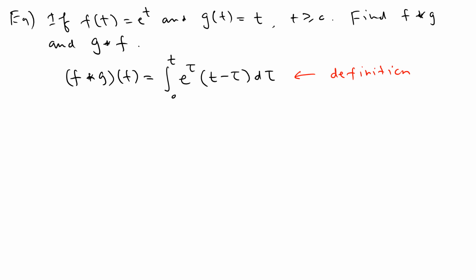We normally pick this one as u, that's kind of a tradition, and the other one is dv. So we have u and dv. So u equals t minus tau.